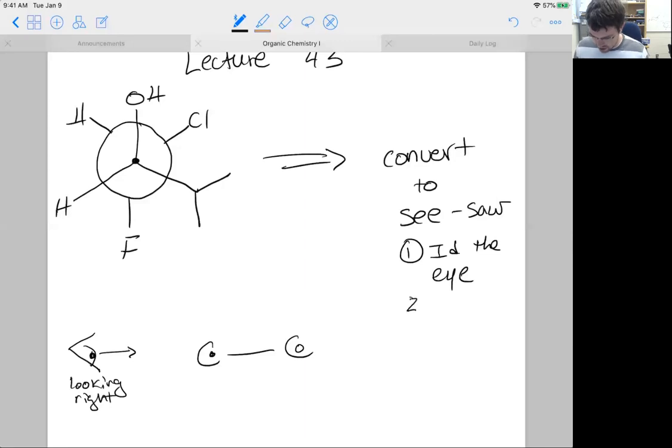Then let's consider, just like before with Newman projections, the vertical substituents. Our dot has a vertical substituent pointing up, so we're going to have our straight line on that first carbon tetrahedral center pointing up. It's going to define where we put a wedge and a dash, and then we'll add that group.